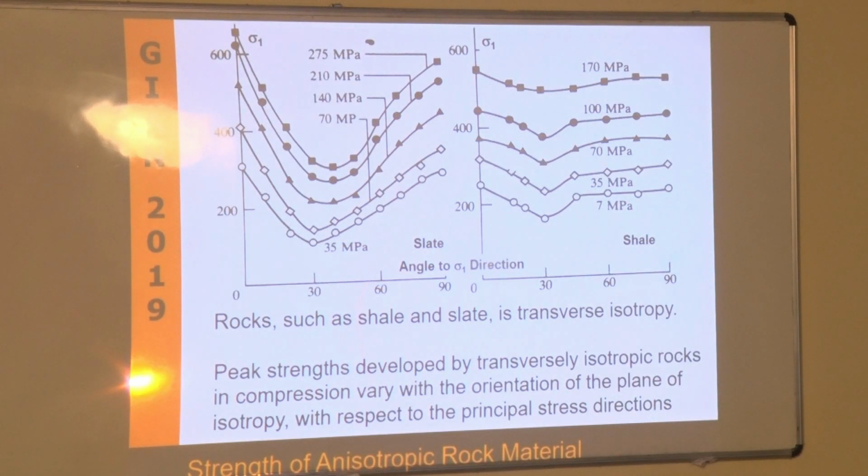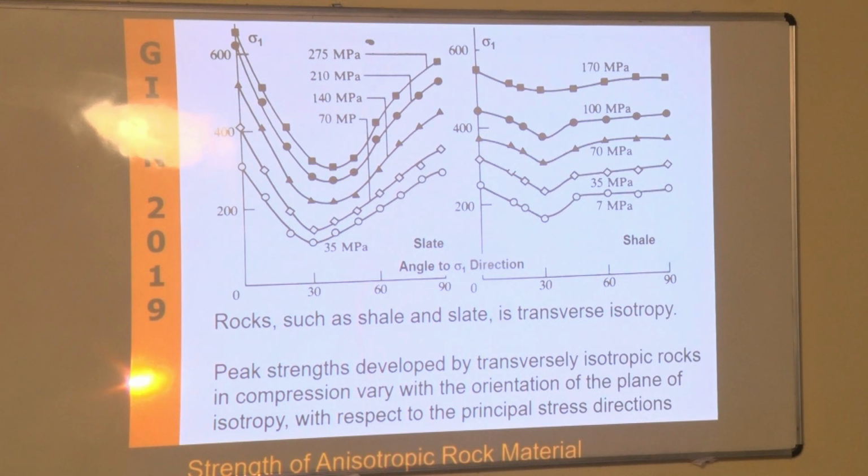So, bedded rock, depending on the angle of loading with respect to the bedding, will behave differently. If sigma 1, so your loading in this case, is parallel to the bedding plane as a bed.